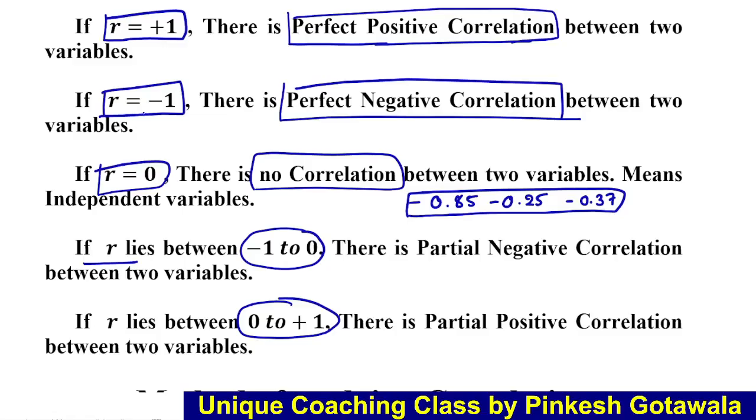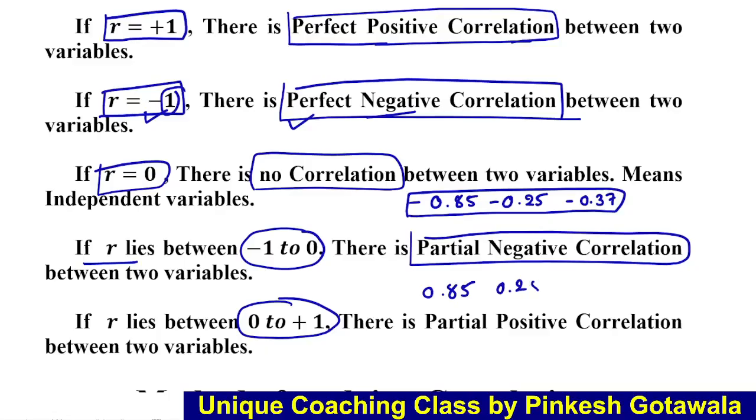Okay, -1 means negative, but if it is -1 then perfect negative, but if it is 0.85, 0.25, whatever, you can say that there is a negative relation but partial negative. Same if our answer comes 0.85, 0.25, 0.37, so it is positive, but if +1 then perfect positive, but if 0.85, 0.25, whatever, then it is said partial positive.